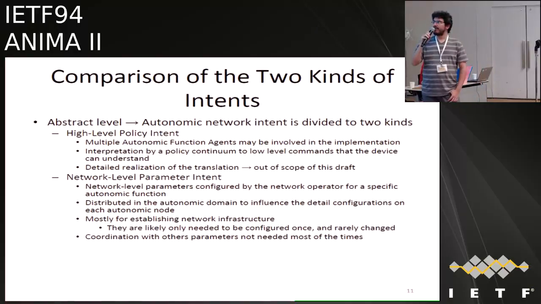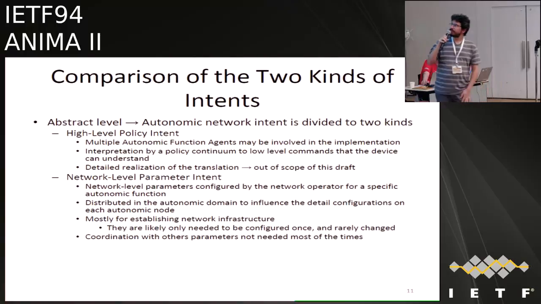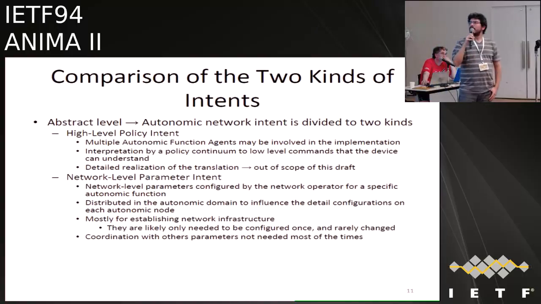On the other hand, we have the network level parameter intent, and this is closer to individual commands that are necessary to configure each device in the network. So this is mostly for establishing the network infrastructure.